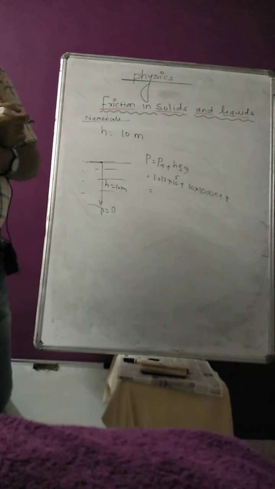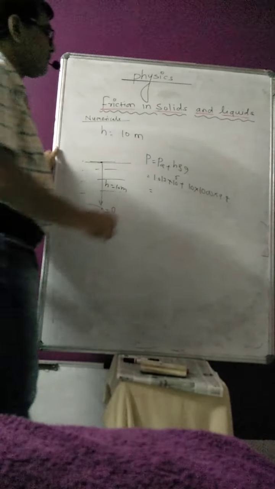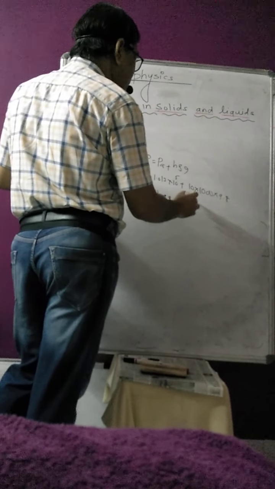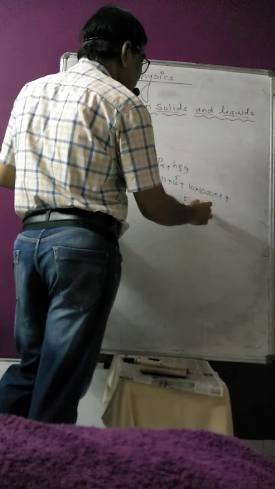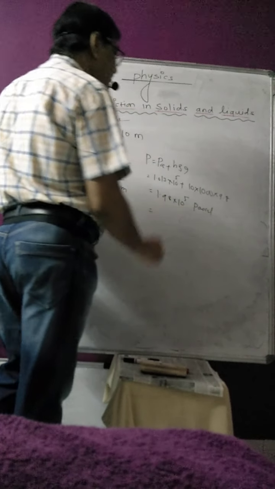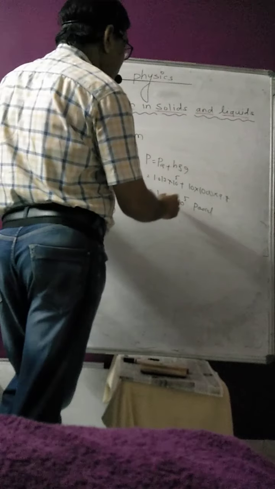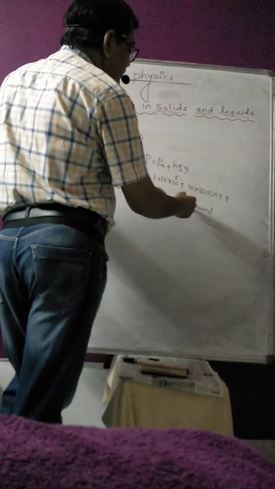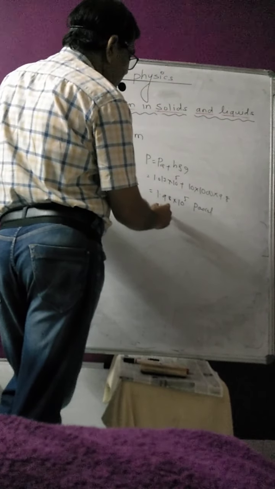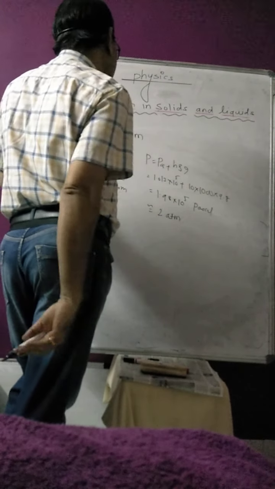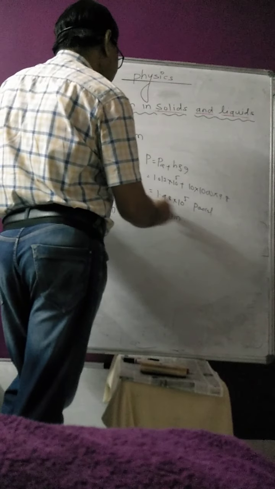That will be 1.98 into 10 raised to 5 Pascal, or Newton per meter square. That is approximately 2 atmospheric pressure, because 10 raised to 5 means 1 atmospheric pressure, and 1.98 means approximately 2 atmospheric pressure. So that will be your right answer.